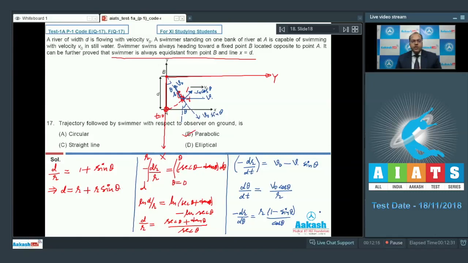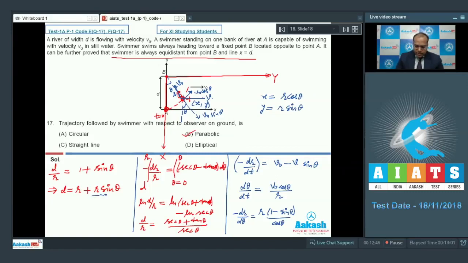Now, if I want to write this equation in Cartesian coordinates, then at time t, when the swimmer has reached this position, let the coordinates of this point be x comma y. The x coordinate is r cos theta as per my chosen frame of reference, and the y coordinate is r sin theta.